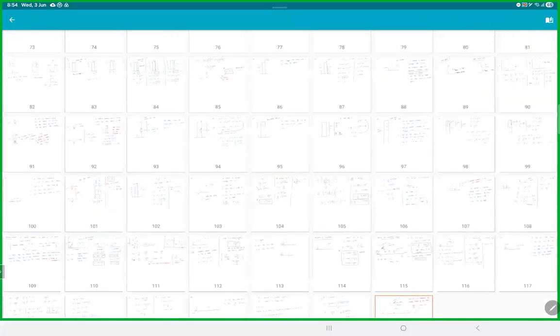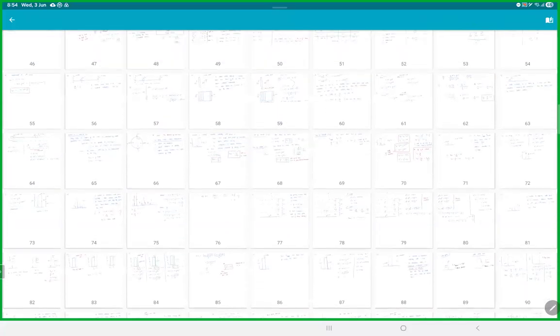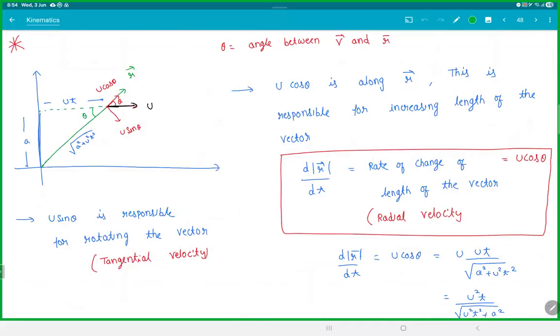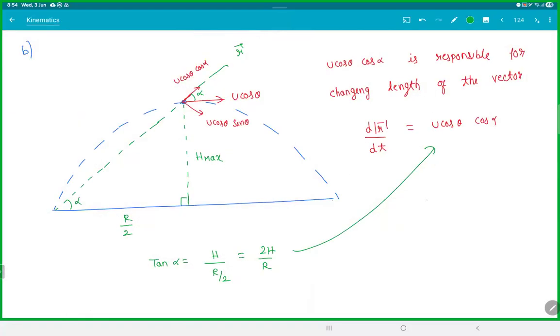In case you don't remember this, we have done this here, page 48. This was the discussion. If numbers are given, you could have found this more easily. Numbers are not there, so it's all variables, but that's how you handle this.